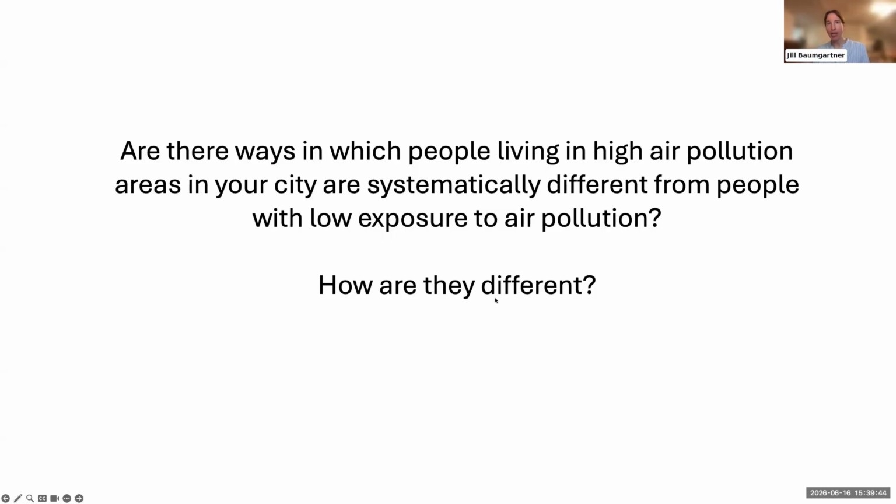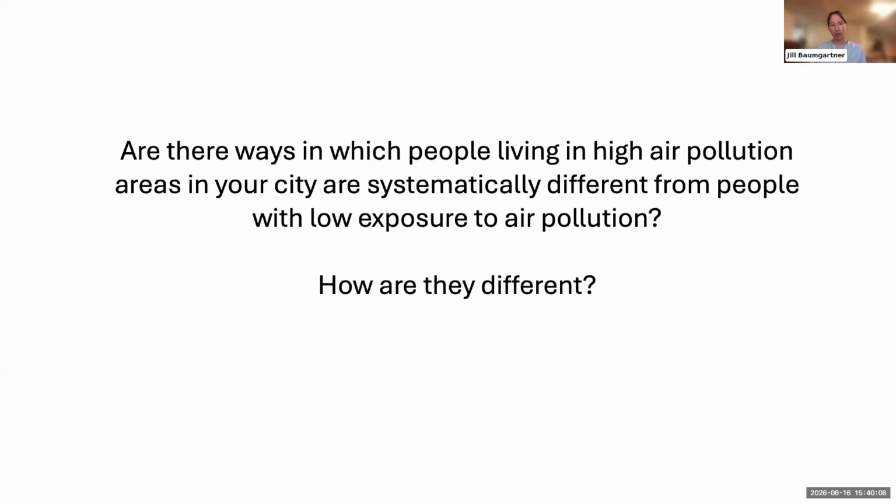So again, in the chat, are there ways in which people living in high air pollution areas of your city or any place that you've lived before are systematically different from people with low exposure to air pollution? So are there other ways that they are different that is not just air pollution?